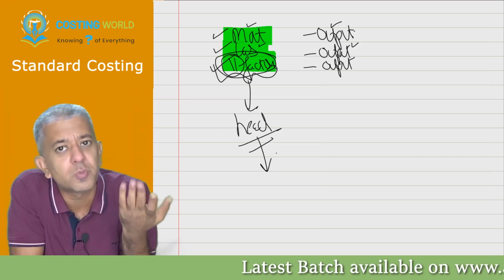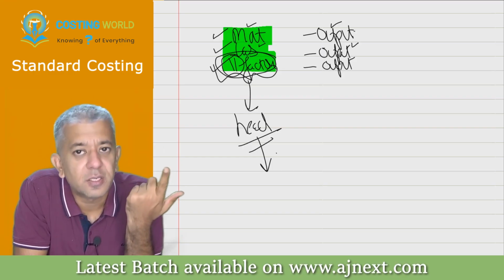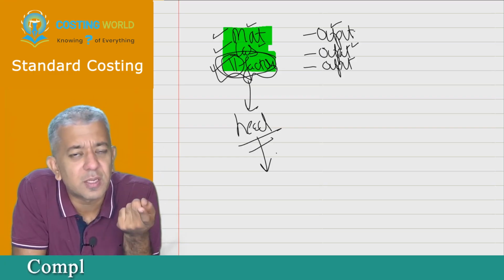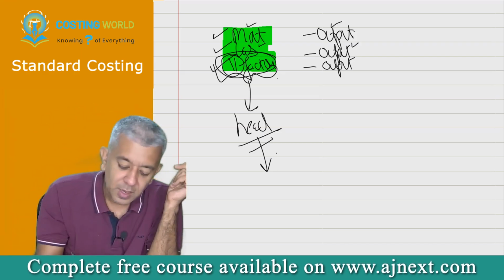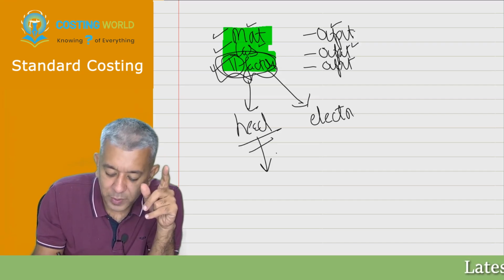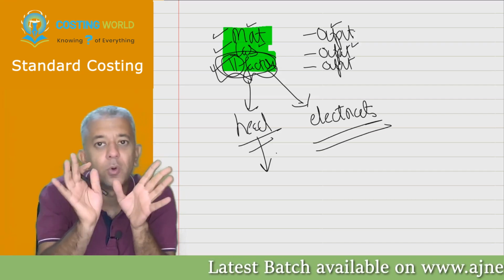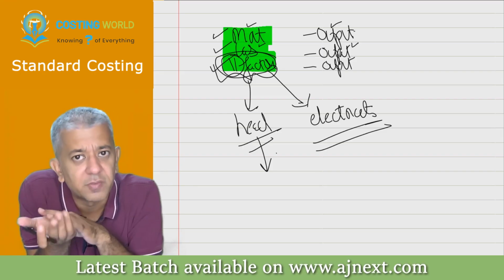The more you produce, the more coal will be used for the machines. Electricity. All these things will be your variable factory overheads. For your study purposes only, in CA Inter, variable overheads will be deemed to be an expense like electricity only. And electricity is incurred whenever the workers work.